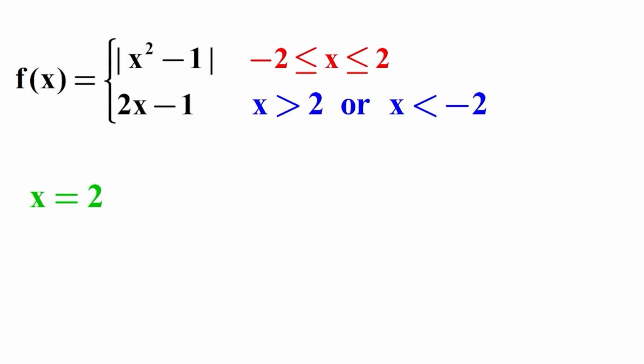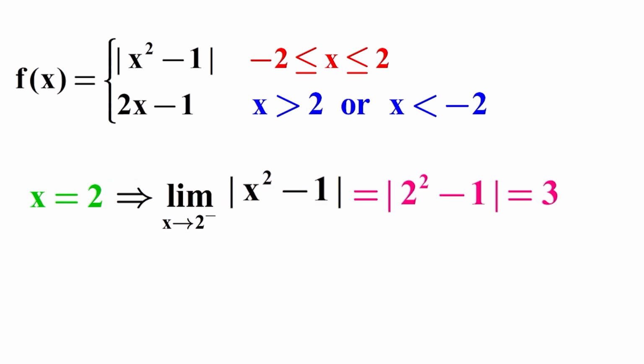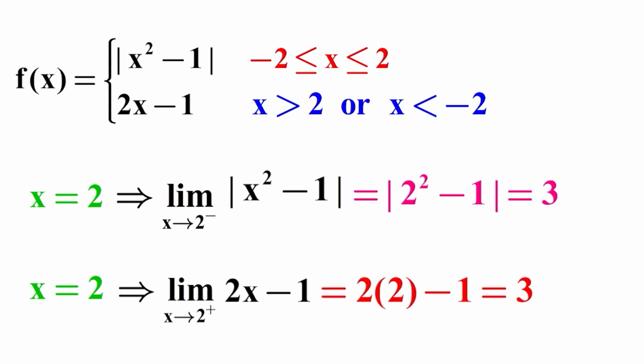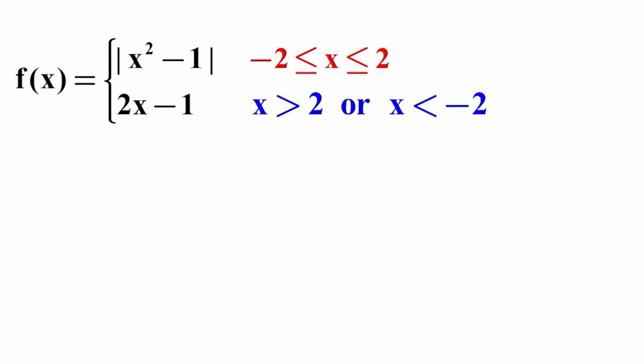The limit from the left means less than 2, in the first part, equals the absolute value of 2 squared minus 1 equals 3, and the limit from the right means greater than 2 is 2 times 2 minus 1 equals 3. So it's continuous because the left hand limit and the right hand limit equal 3, equals f of 2, right?